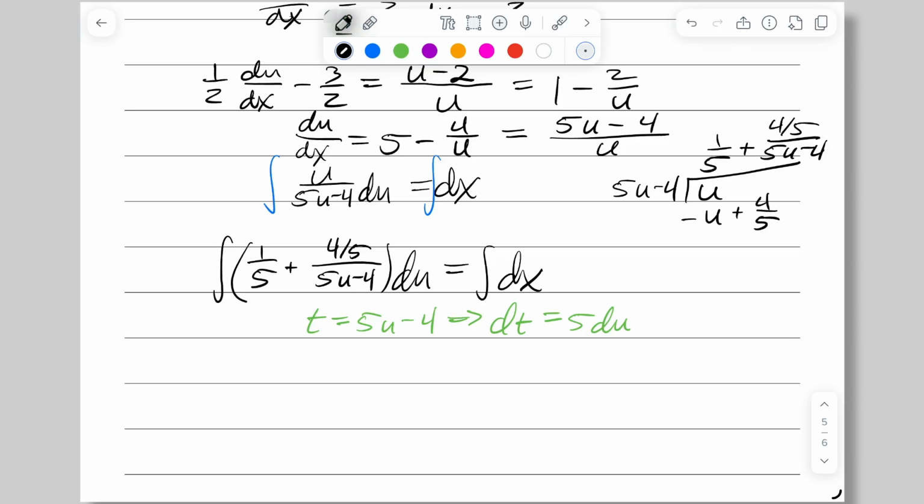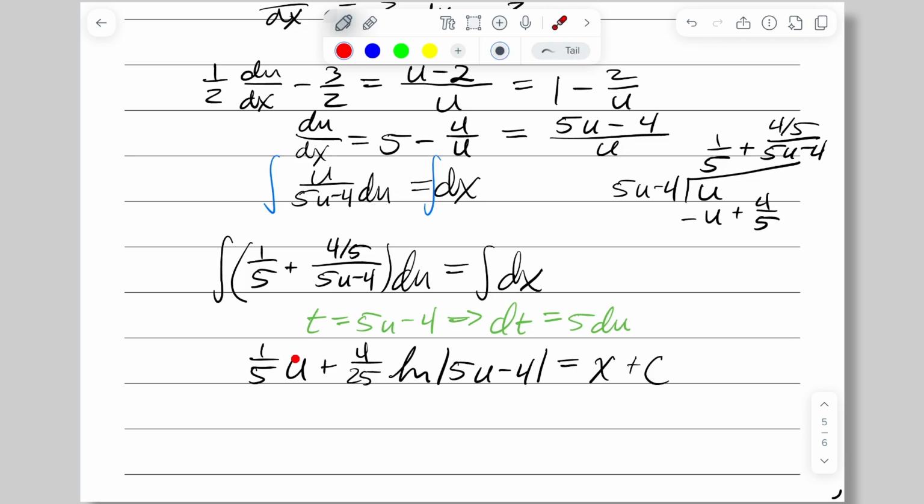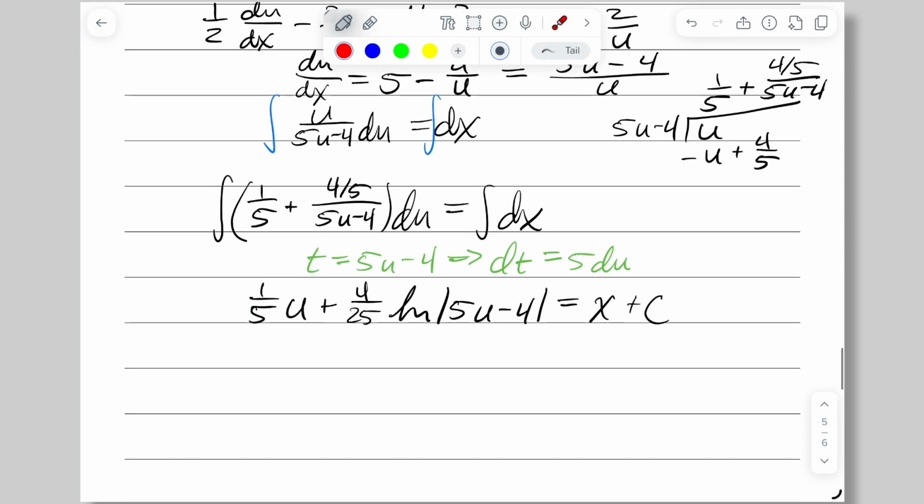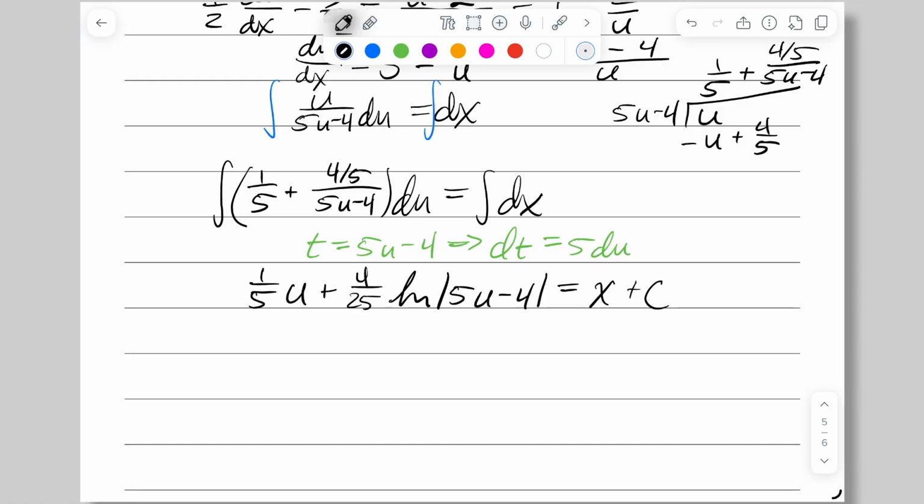The result after integrating is going to be 1/5 u + 4/25 natural log of the absolute value of 5u - 4. And on the right-hand side, we integrate dx to get x, and don't forget our constant of integration. I'll clear the fraction, the 1/5 u, by multiplying everything by 5.